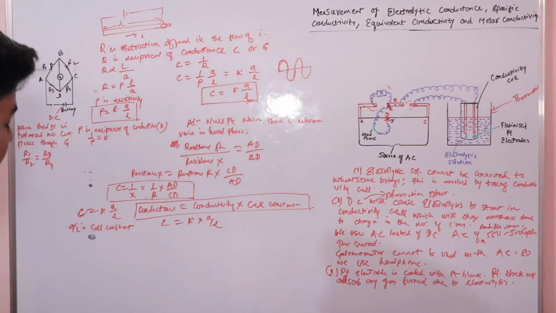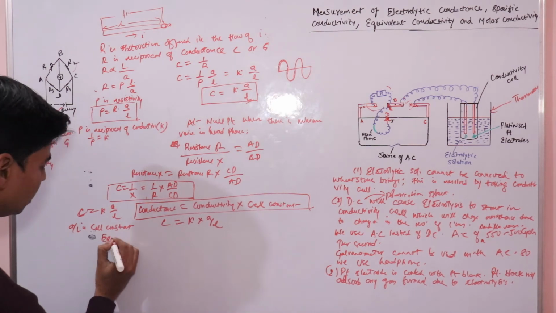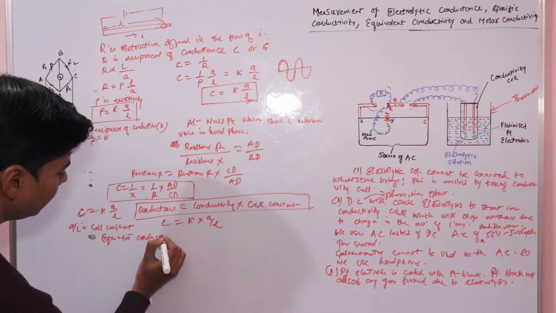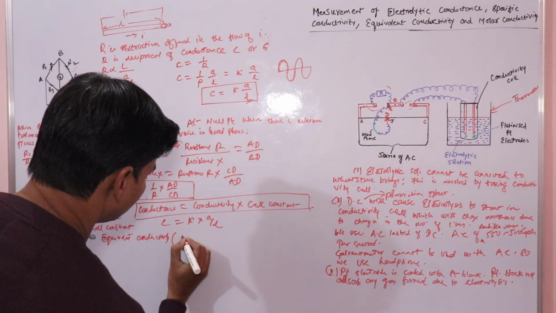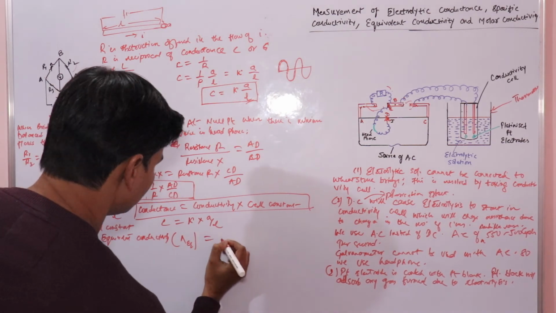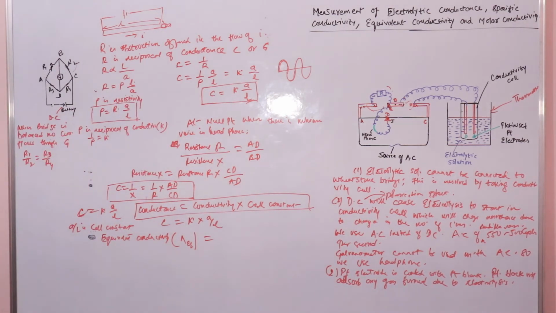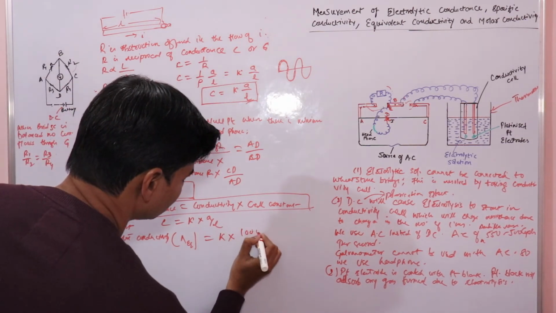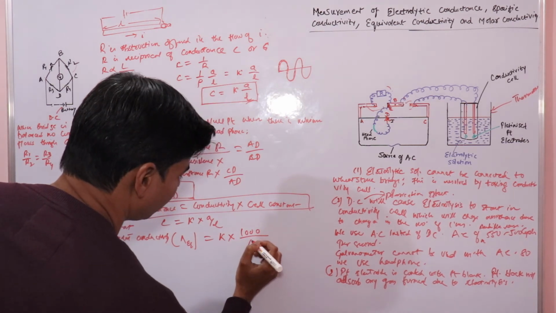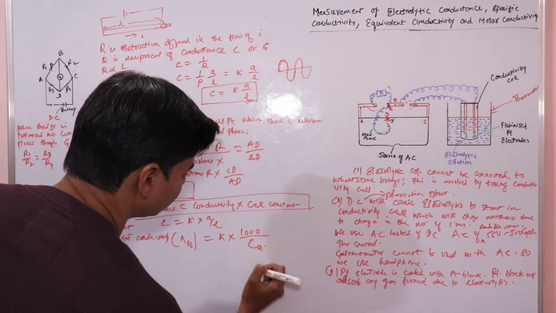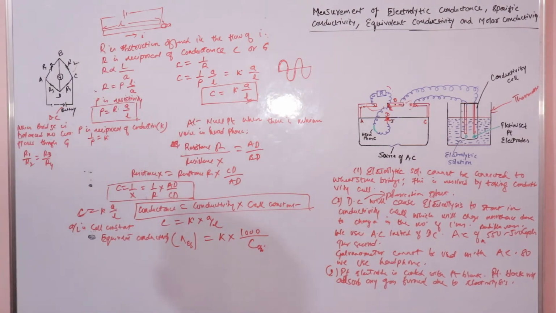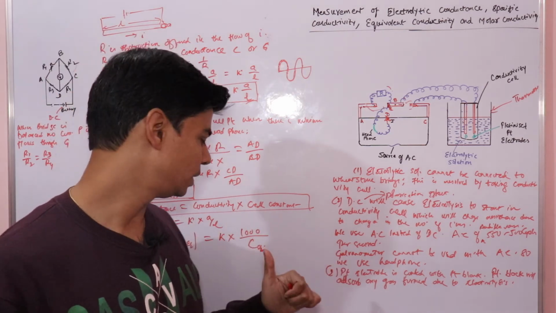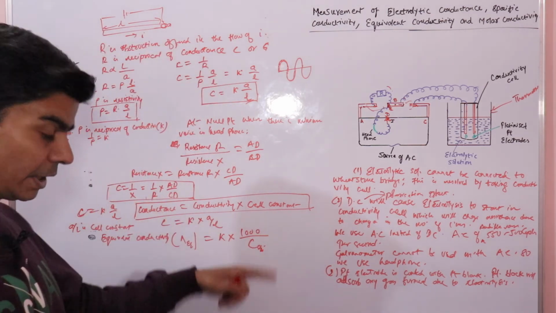Now let's see how we will calculate equivalent conductivity. Once you know the specific conductivity, equivalent conductivity, denoted by delta EQ, is given by conductivity into 1000 upon your concentration, right? This is the formula for equivalent conductivity. In the previous video lecture, we have already derived this formula.